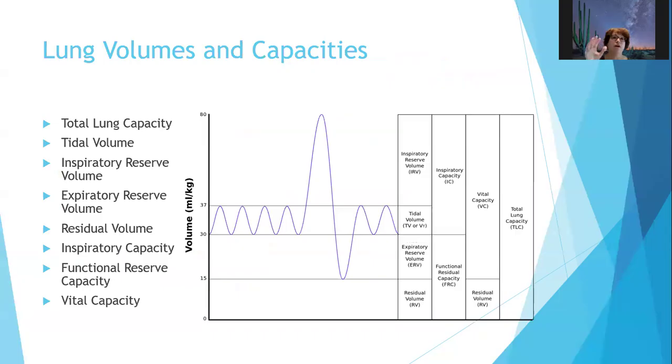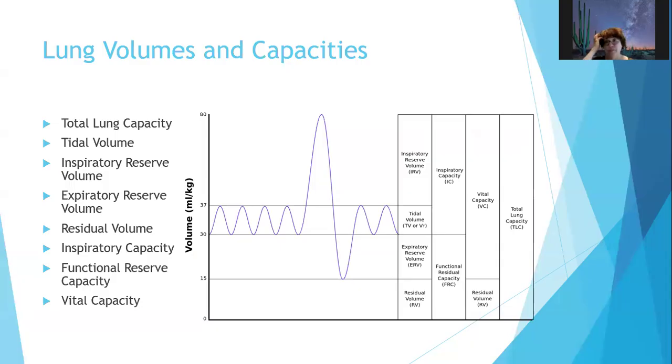So we talk about all these different lung volumes and lung capacities. A volume is one measure, and a capacity is a combination of volumes. So our total lung capacity is the total amount of all the different volumes of air added up together. We have a certain volume called the residual volume. Our lungs are never completely empty, and that's probably good because we want to keep our alveoli open.